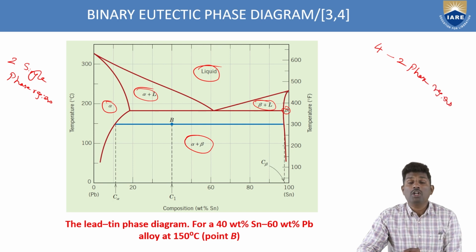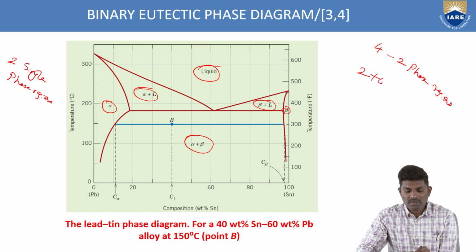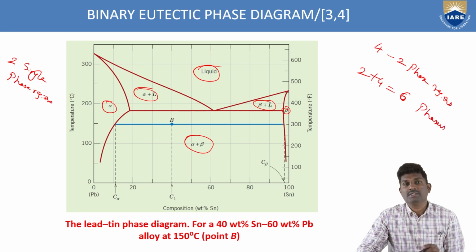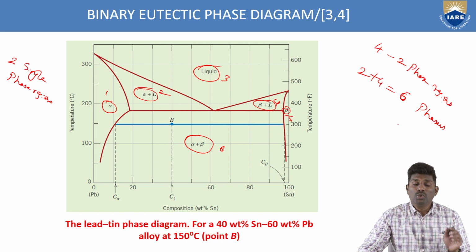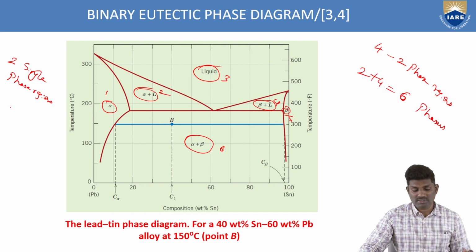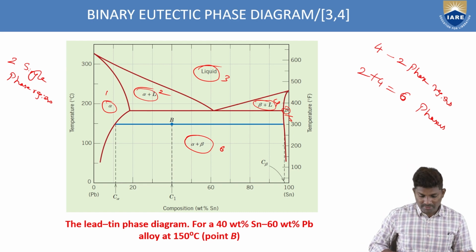So in total how many do you have? 2 plus 4, you have 6 phases. 1, 2, 3, 4, 5 and 6. So in total you have 6 phases, in which 2 are single phase and 4 are two phase regions. That is how you have to find out.